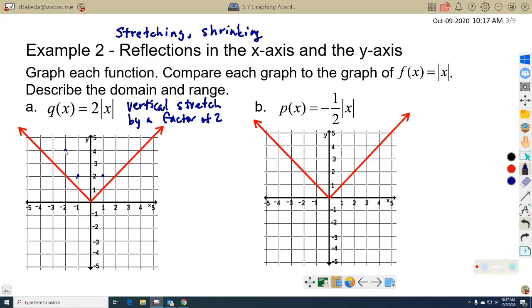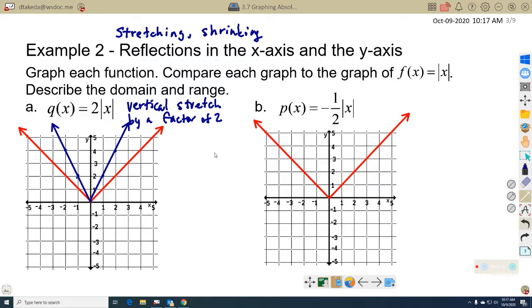So it's going to go up here and here. So this graph will look like this. Okay, so we call this a vertical stretch. Think of it as like when you take something that's kind of short and round and you stretch it, it gets longer and skinnier.